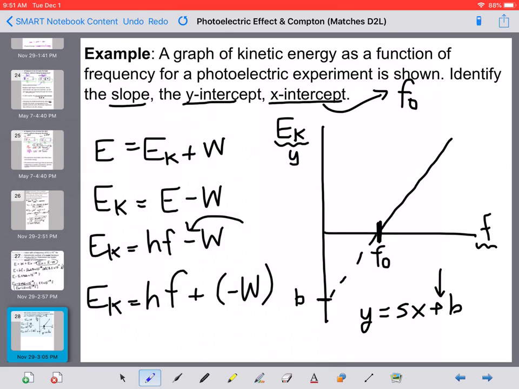So now I can say, EK is Y, F is X, whatever's being added to the formula is B, and whatever's multiplying X is the slope. So that means for this graph, the slope is going to be equal to Planck's constant.